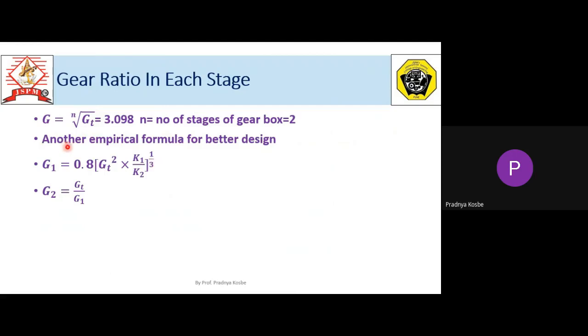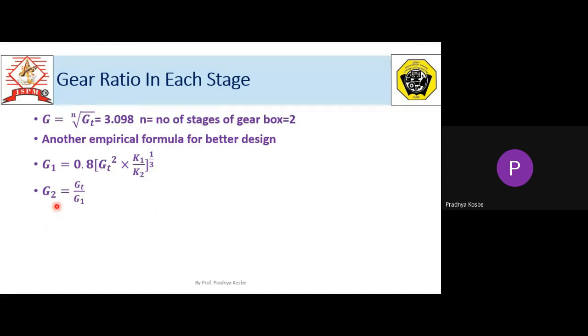But we are not going to use this formula. We are going to use another empirical formula which gives a better design. And that formula is G1 equal to 0.8 (GT squared into K1 by K2) raised to 1 by 3.